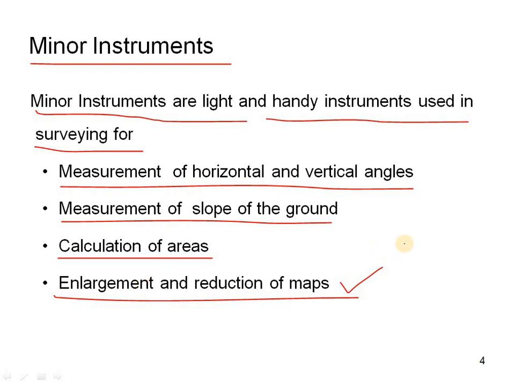Enlargement means, in a ground if we do the survey taking the measurements, that will be drawn in the map. Whatever measurements we have taken, very long, will be reduced in the map, showing that 100 meters is equal to 1 centimeter. That is nothing but reduction of the map.